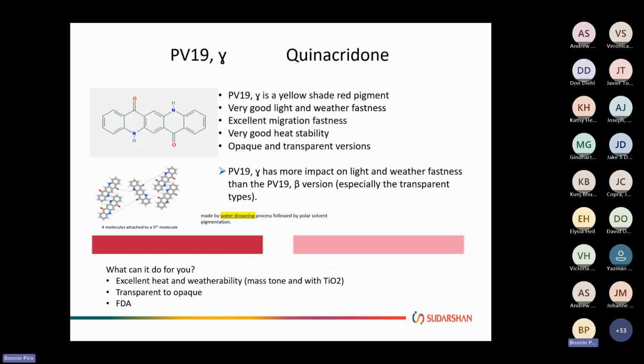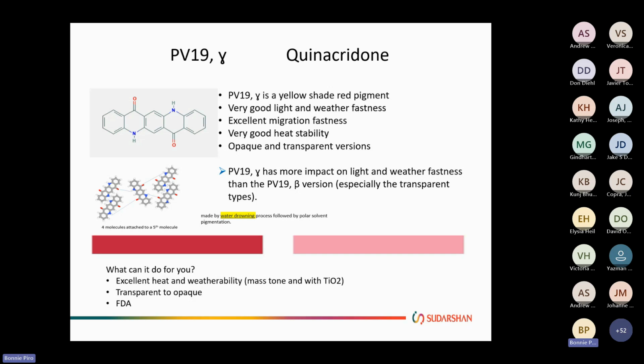So the gamma shade Violet 19 is, as I stated before, more of a yellow shade red pigment. A lot of options here with respect to transparency or opaqueness, depending on where you need to be. The crystal shape itself is formed by four molecules attaching onto a fifth.